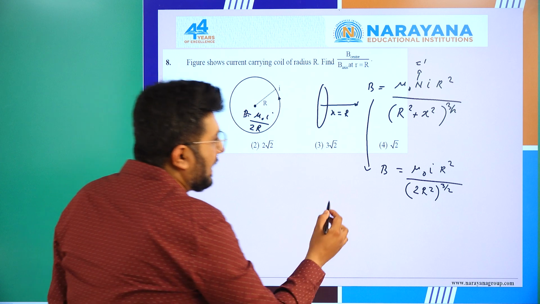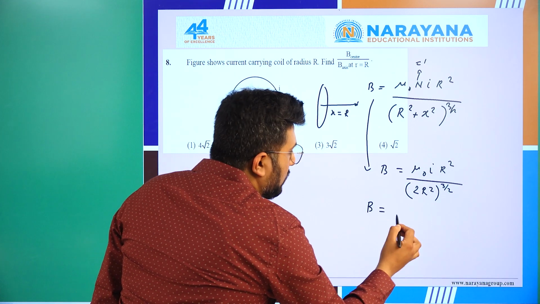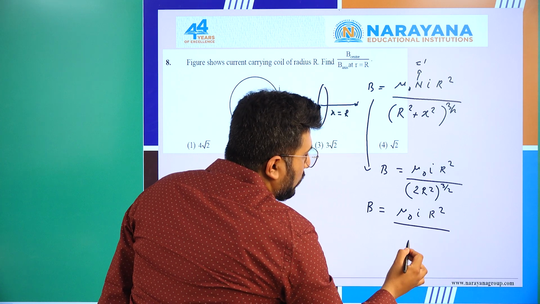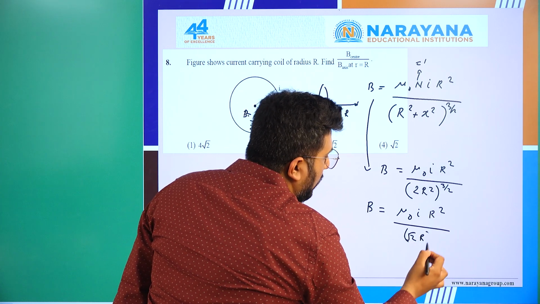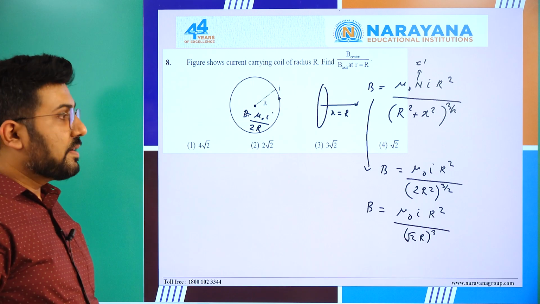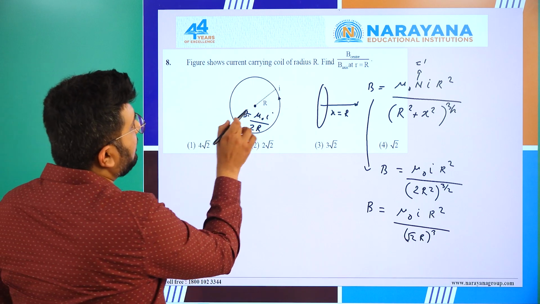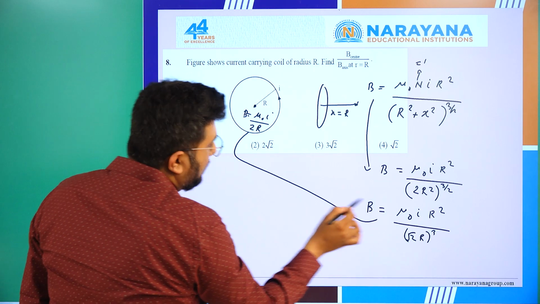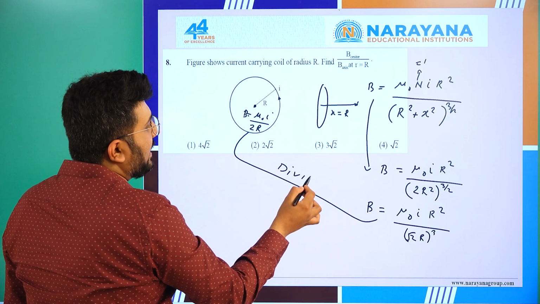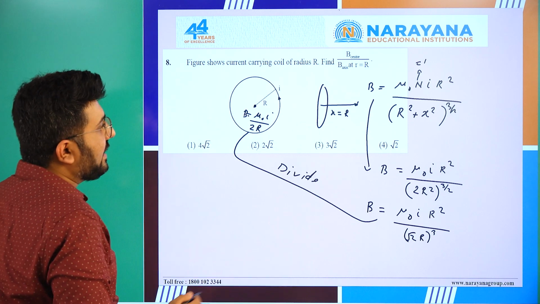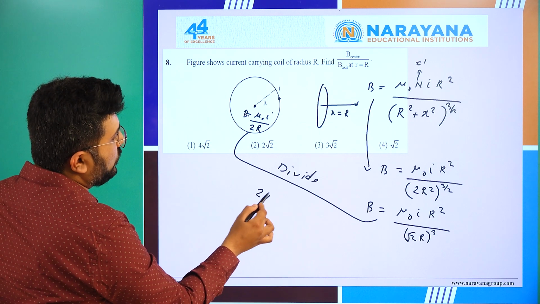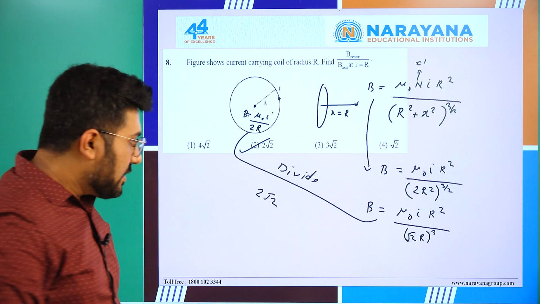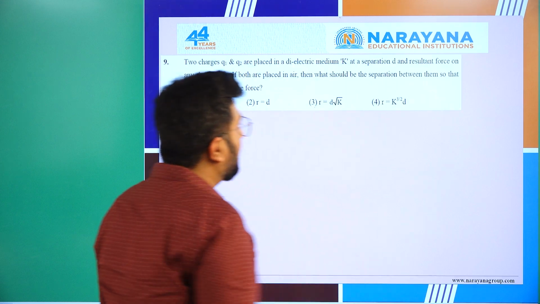So basically I will get B equals mu naught I r square by (root 2 r) whole cube. Okay, and here the magnetic field at the center is mu naught I by 2r. So if I divide these two, I'll get 2 root 2. So this will be the answer. Fine. Okay, let's go to the next question.